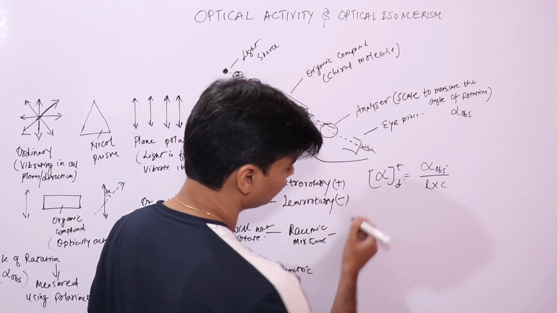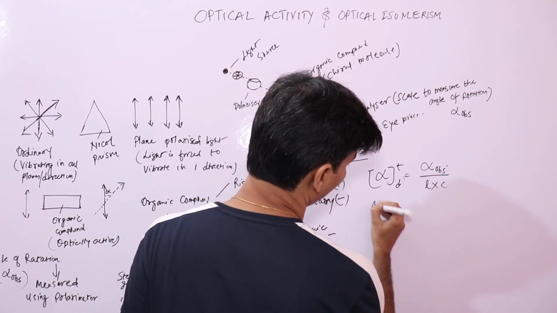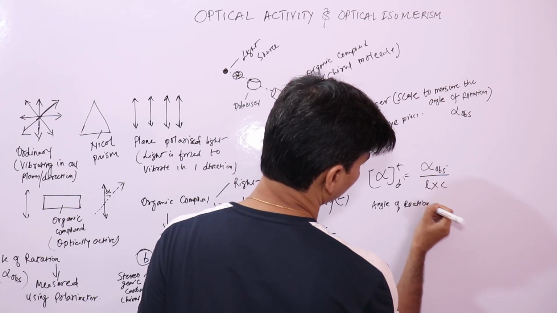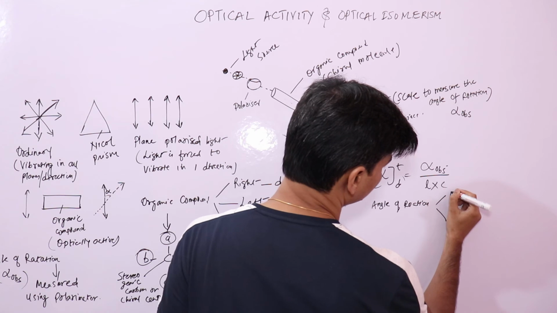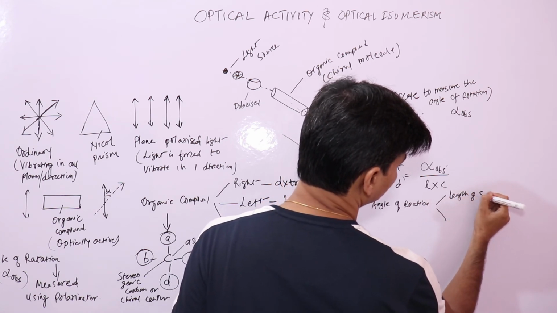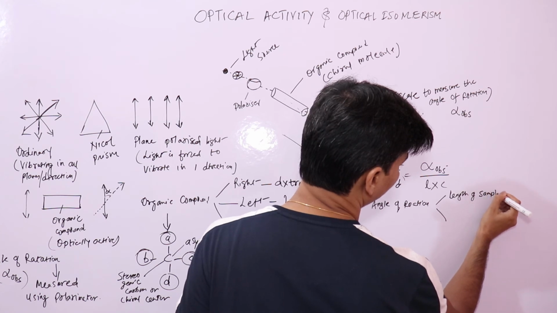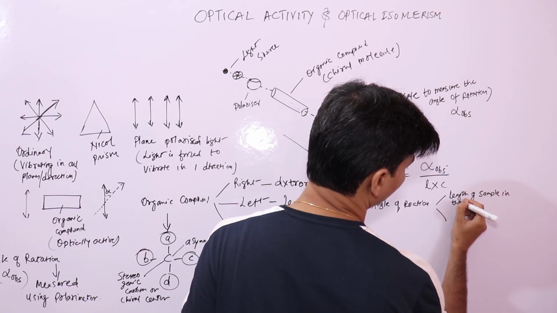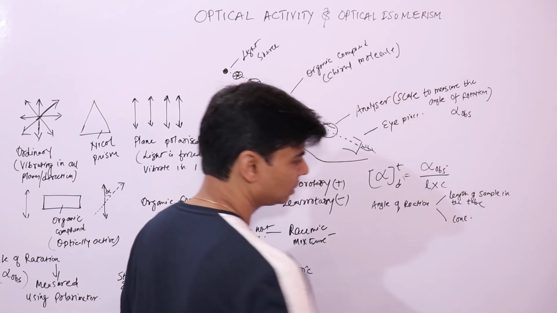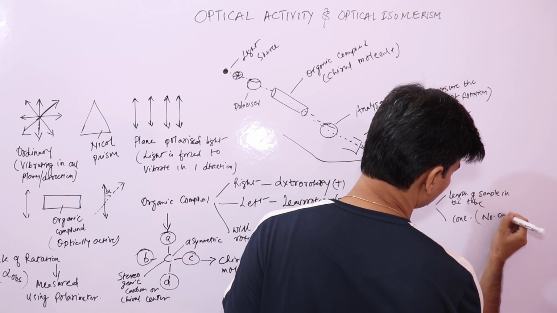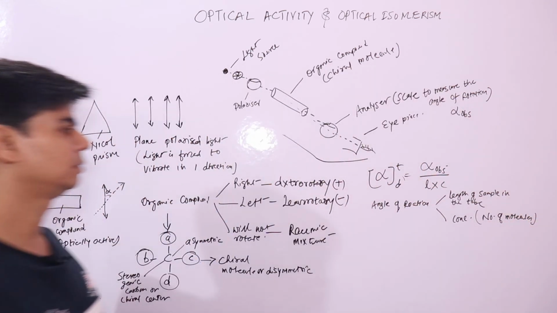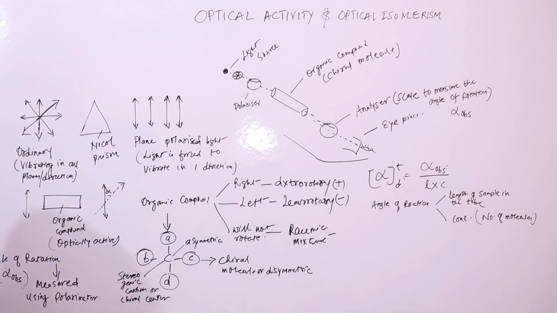First let me write it over here: this angle of rotation depends on two things, first the length of the sample in the tube, and second the concentration, meaning the number of molecules.